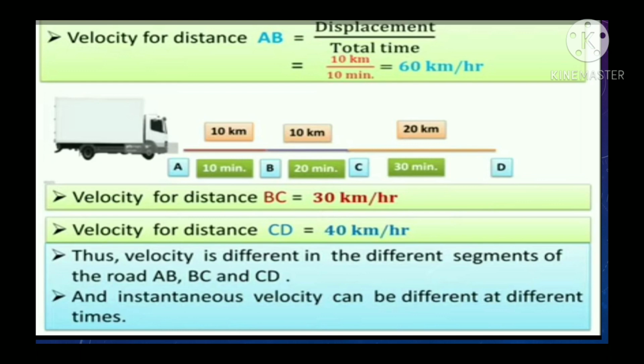See, every time velocity is different. Thus, velocity is different in the different segments of the road AB, BC and CD. And instantaneous velocity can be different at different times.